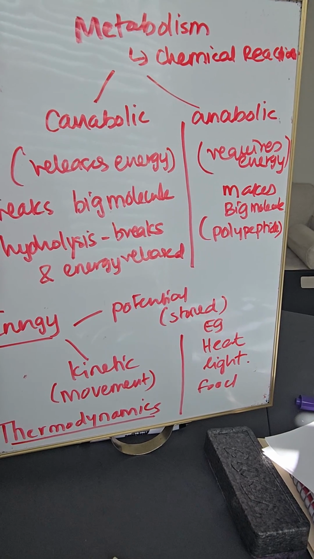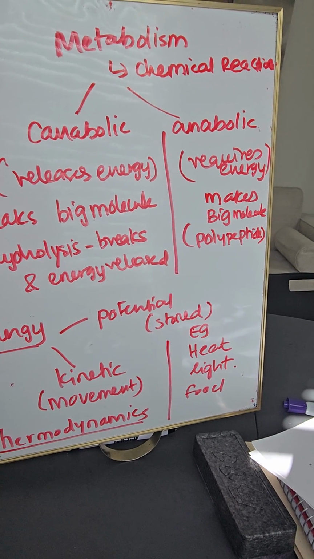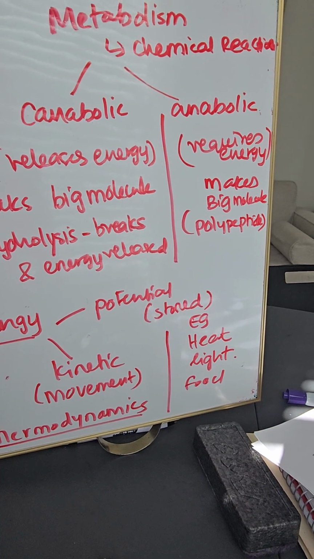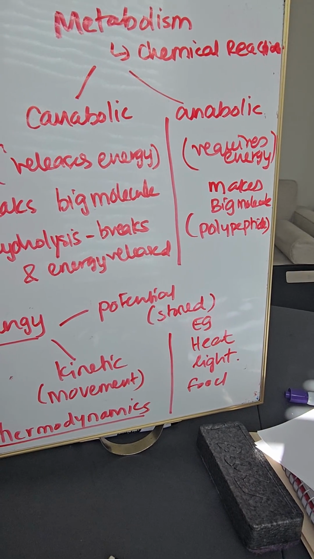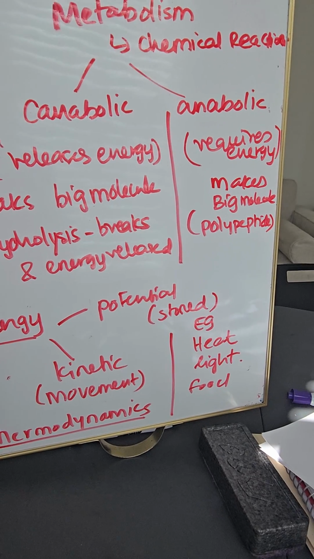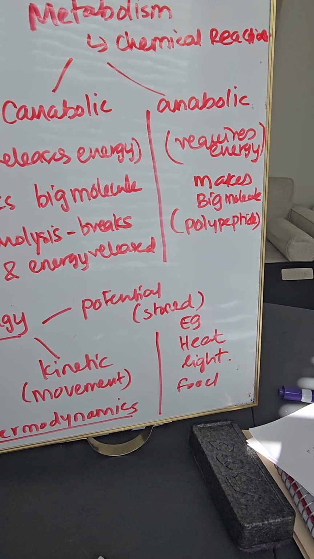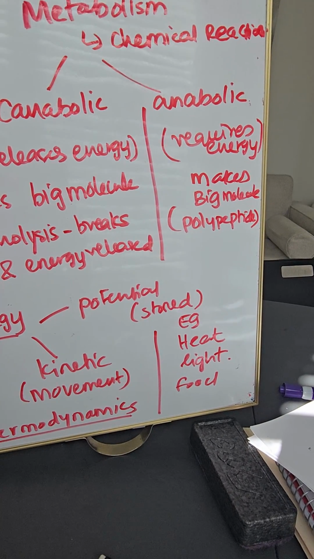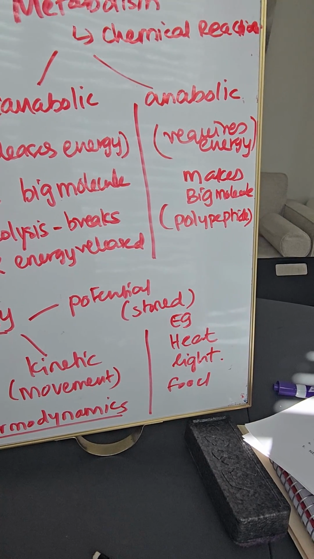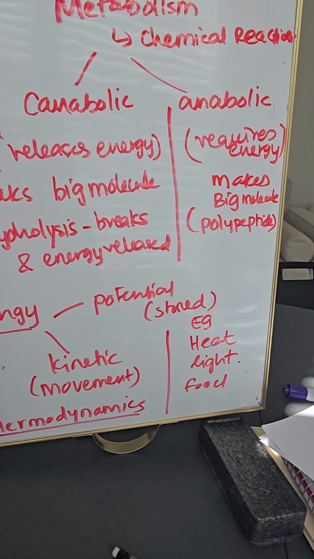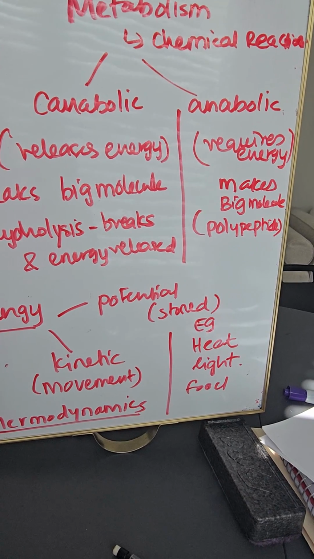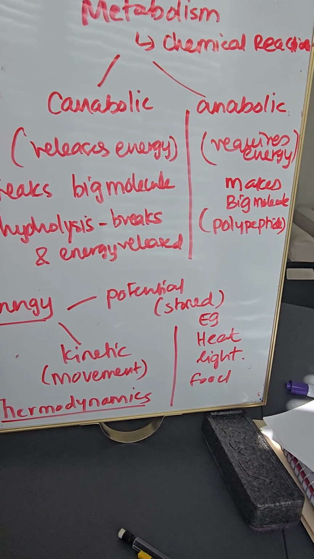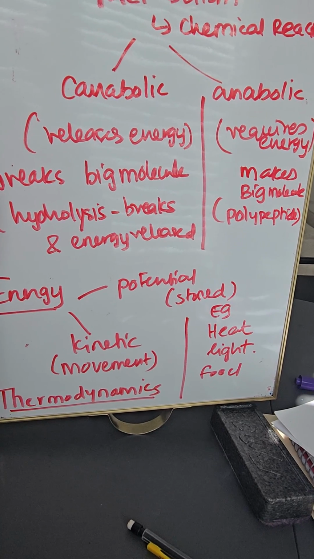So in biology, if you have to identify potential energy, any food, the stored energy is going to be chemical energy, which is in the form of potential. And light is a wave. The light and the heat will also go under kinetic because there is movement of particles, and kinetic is going to be anything that's related to movement.